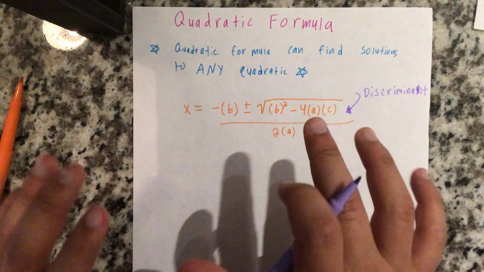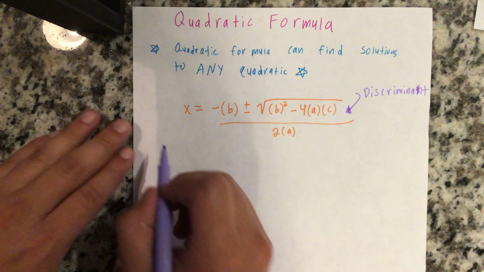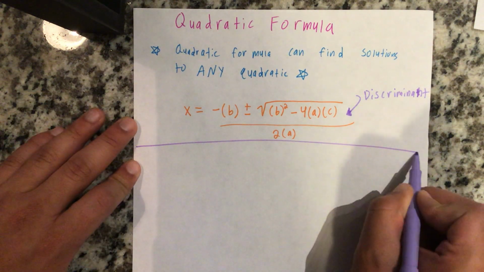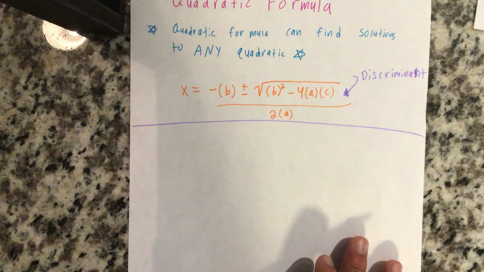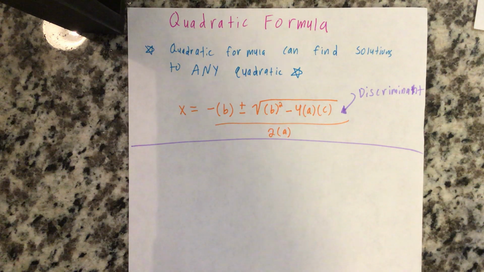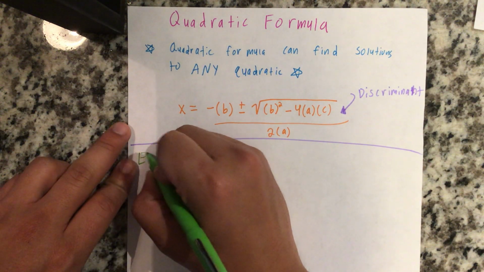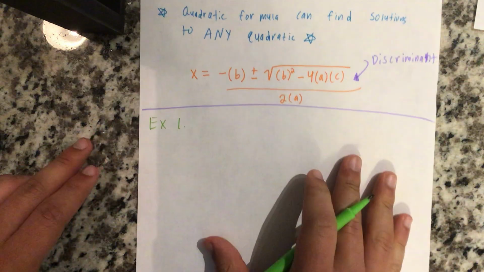Don't panic about this yet. Just relax, we're going to go straight into an example. We're going to use this quadratic formula to solve quadratic equations, okay? So let's get started. We're only going to do 2 examples because it's a long process.